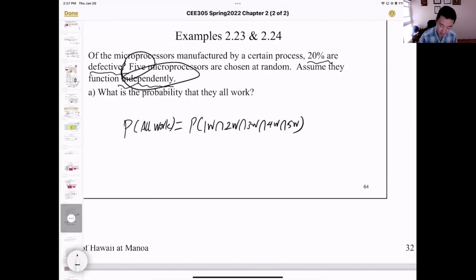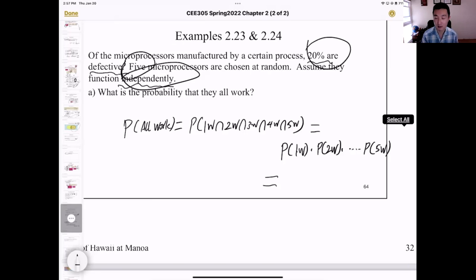Because they are independent, it becomes the probability the first one works times the probability the second one works, and the probability the fifth one works. The question tells us 20% is not working, then the remaining 80% will be working. So that's 0.8 to the power of 5.